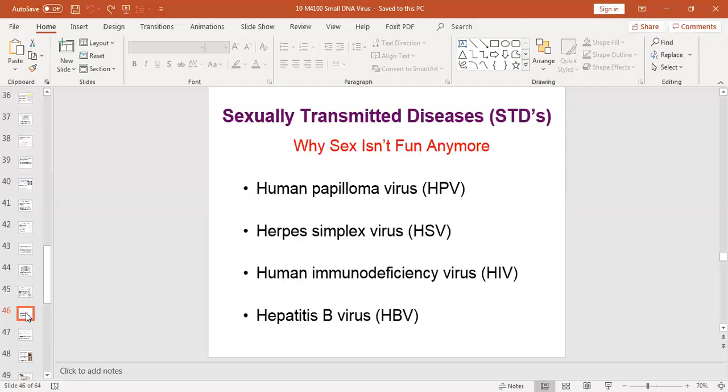These viruses are human papillomavirus, HPV, herpes simplex virus, human immunodeficiency virus, and hepatitis B virus. These four viruses that I just mentioned can be transmitted during sex. So that's one of the reasons that safe sex is being highly recommended.